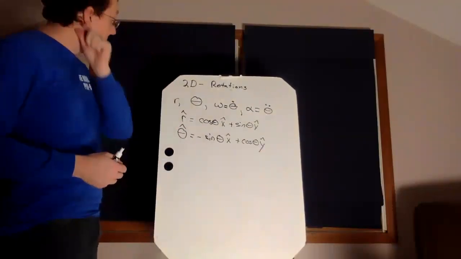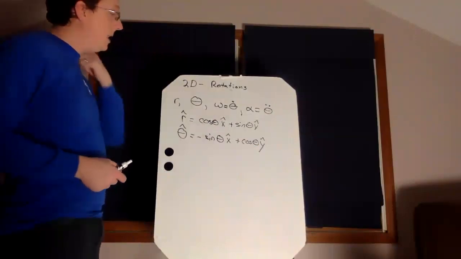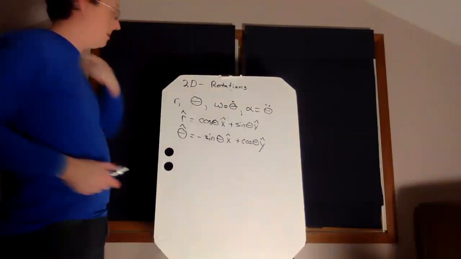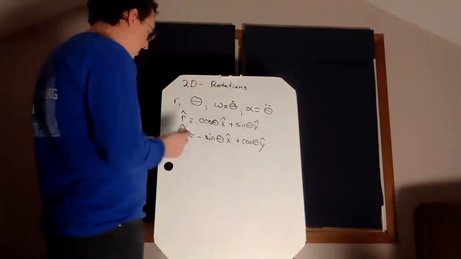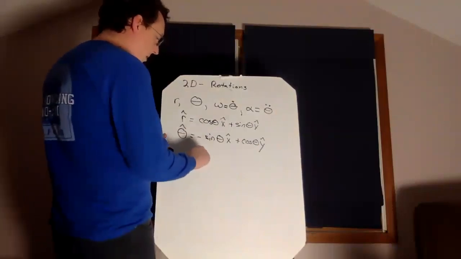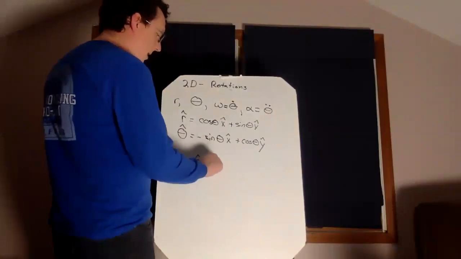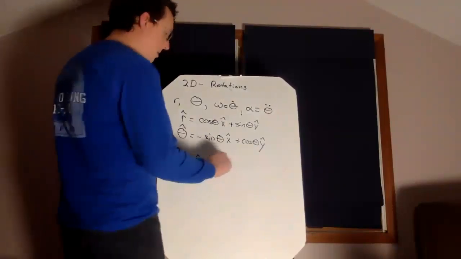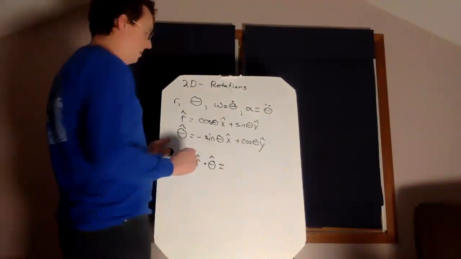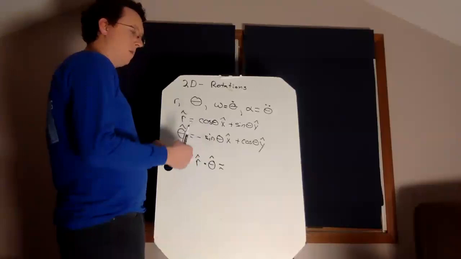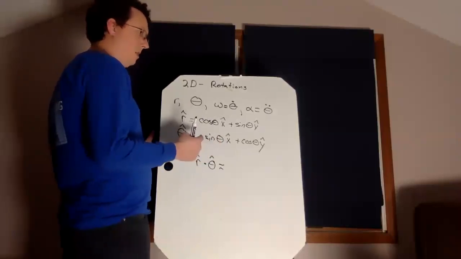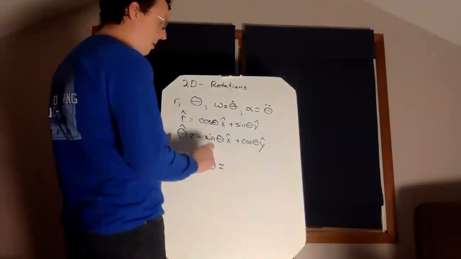They are perpendicular. We can check that they're perpendicular because we can take their dot product. So let's do that, actually. Let's work out their dot product. r hat dot theta hat equals, remember, radial direction is supposed to be independent of the angular direction, so their unit vectors should be perpendicular. So the dot product should be 0.